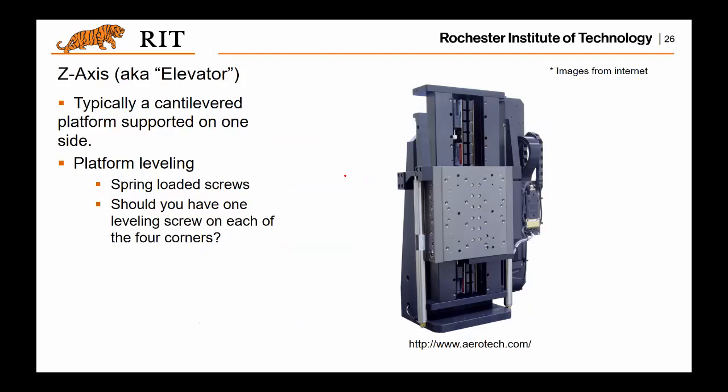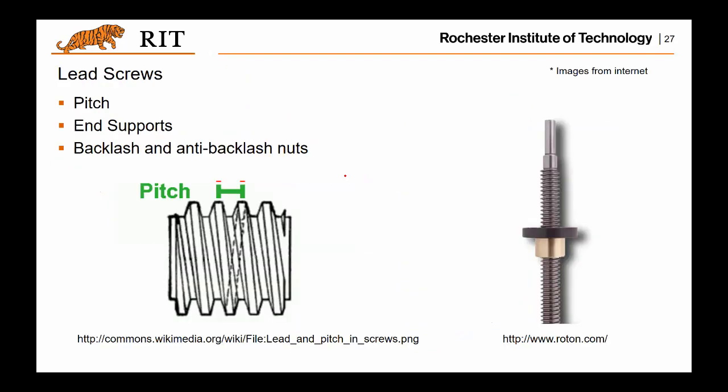So for the z-axis, it's a little different. Instead of using the pulley and belt system, it utilizes a cantilever platform. Basically, the critical part is this lead screw. And there's a concept called pitch.